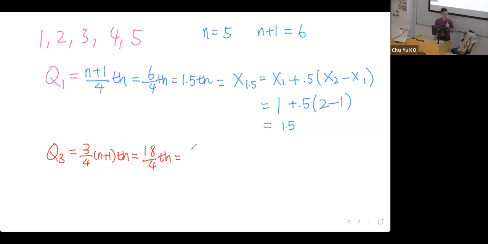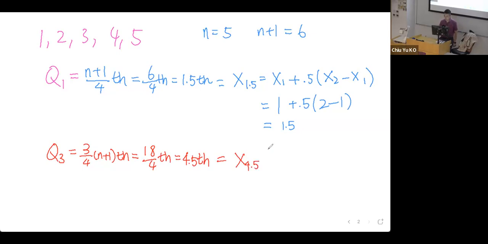Use your mental math. What is this? 4.5, right? My mental math is not very good, but make sure I'm okay. I may make a mistake, but here it is, x at 4.5.